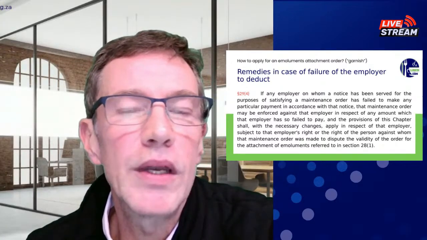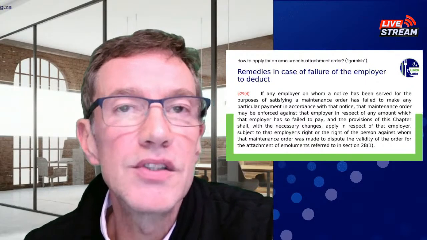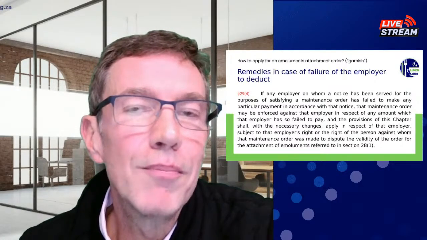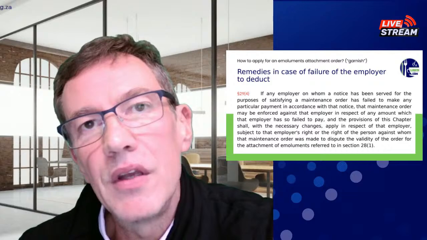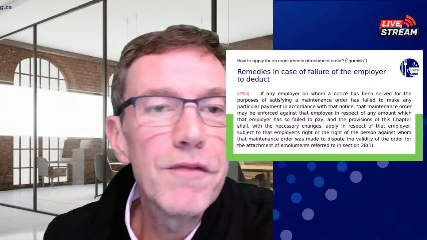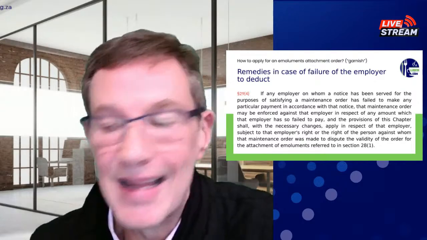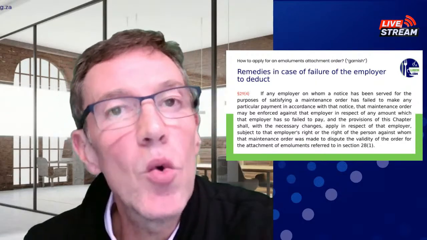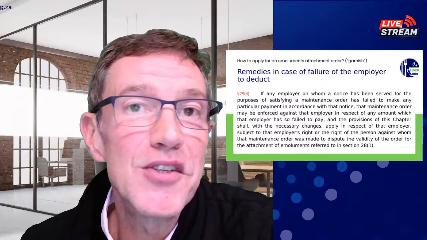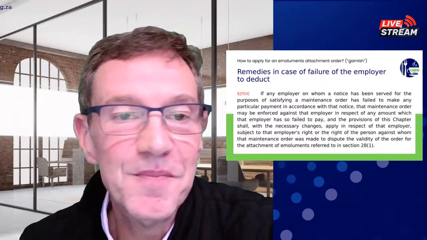I had one case where I actually attached the mainframe computers of that company for non-compliance with the garnishee order, because in terms of section 29(4), that order could be enforced as if it was against the employer. So if they refuse to comply, you can very well attach their furniture.